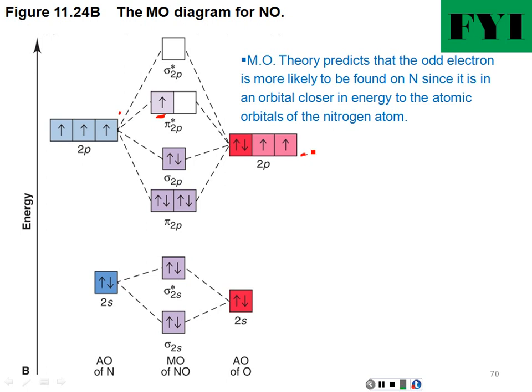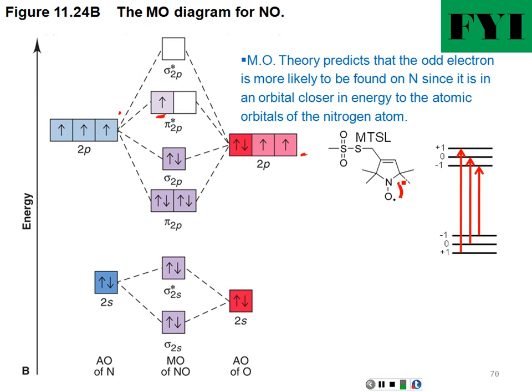It's less electronegative. Do we have any proof of that? Well, I mentioned this molecule last time. We see that there's this NO group. That's a good indication that it could have an unpaired electron.